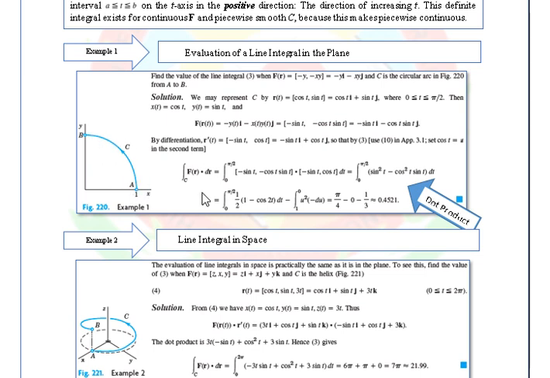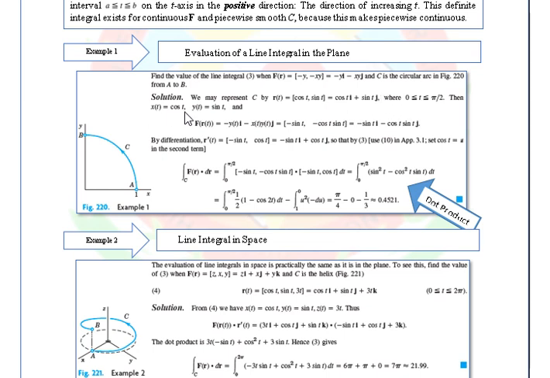Solution. We may represent C by r of t equals cosine of t i plus sine of t j. If we take the function of this graph as a function of time, we can have r of t, where t is from 0 to pi over 2.